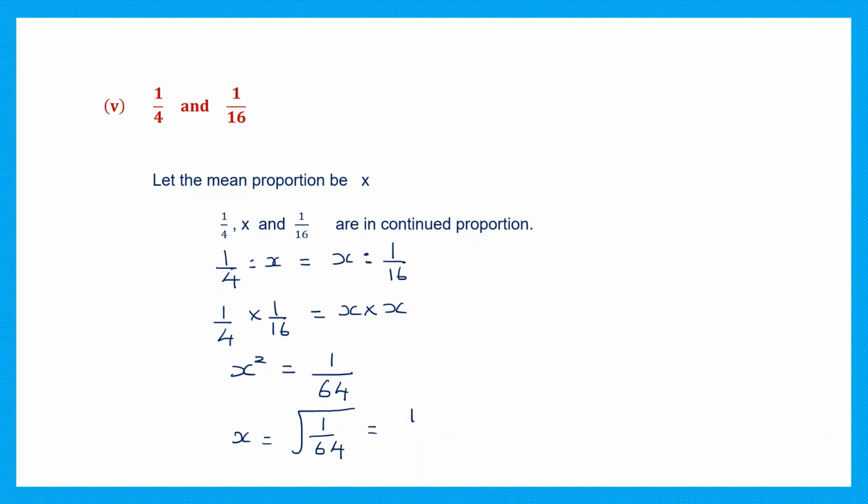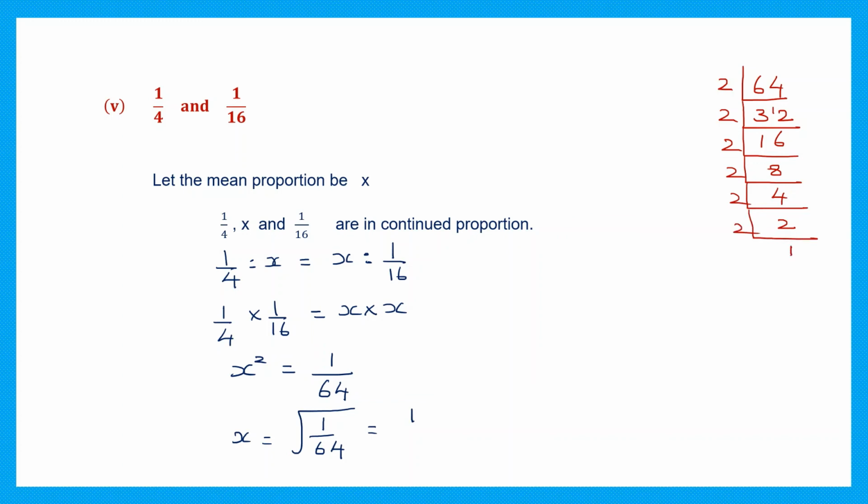Now we must find the square root of 64. So let's do that with 2. 2 3s are 6, 2 2s are 4, 2 1s are 2, 2 6s are 12, 2 8s are 16, 2 4s are 8, 2 2s are 4, and 2 1s are 2.